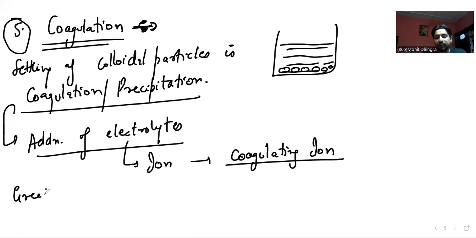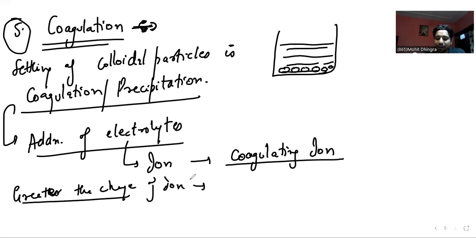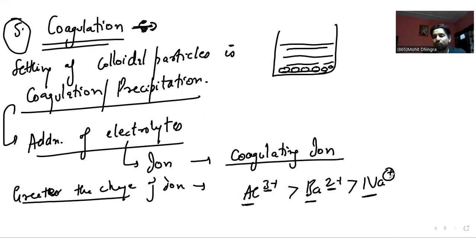Now, the greater the charge on the coagulating ion, the better is its coagulating or flocculating power. For example, I have Al3+, Ba2+, and Na+. Aluminium has 3 positive charges, barium has 2 positive, and sodium has 1 positive charge. So aluminium has the greater charge, that's why it has better flocculating power.